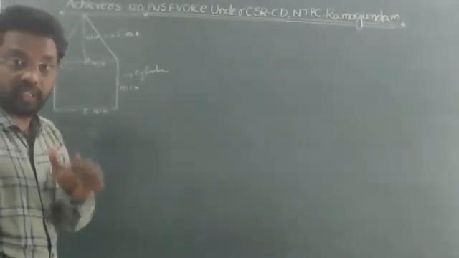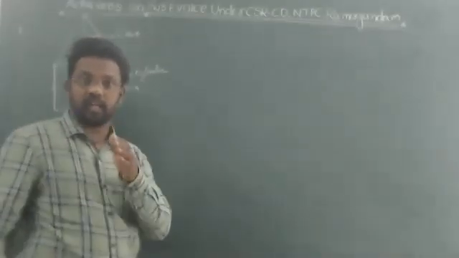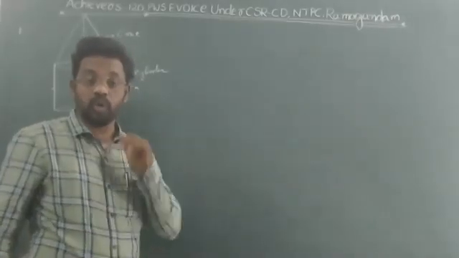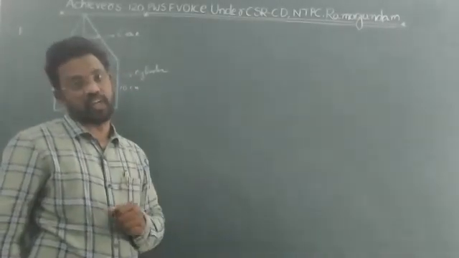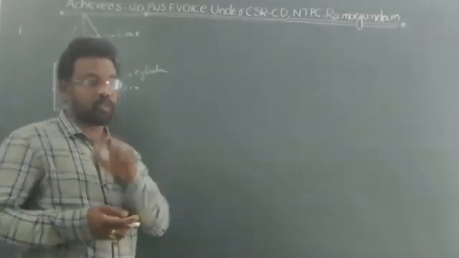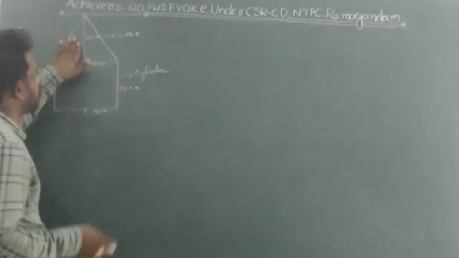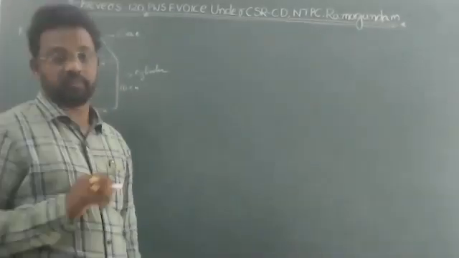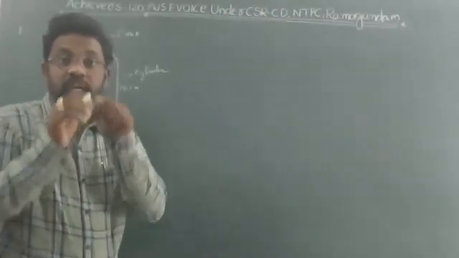Then what will be the total surface area of the multi-figure? Total surface area, you should not take the total surface area formula. You have to take only the curved surface.